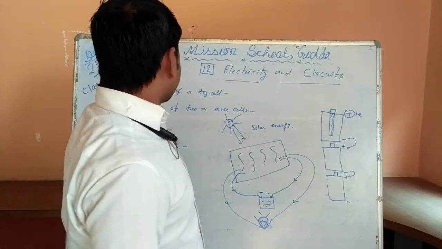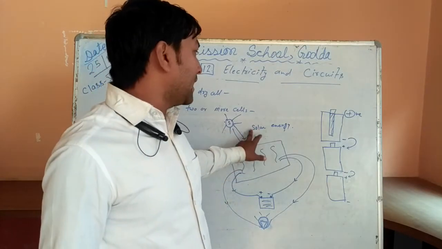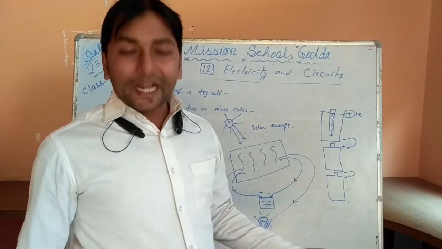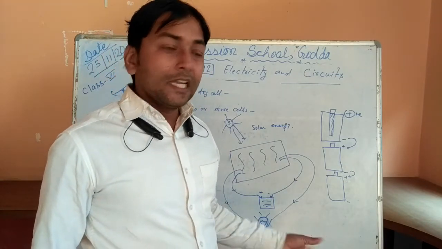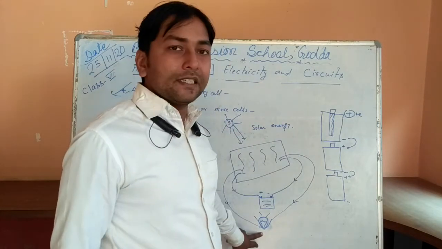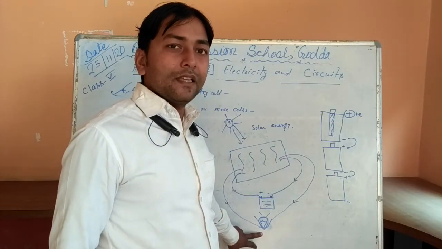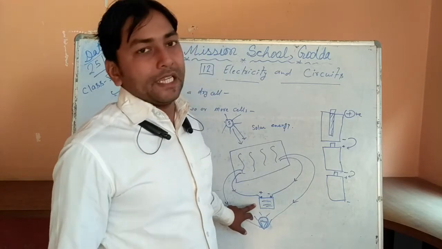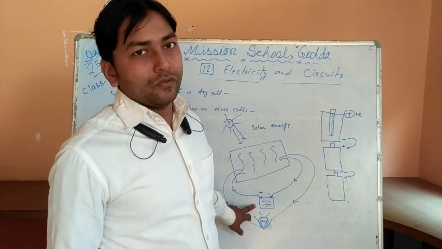So the solar cell directly converts solar energy into electricity. It gives electricity, or you can charge a battery also.